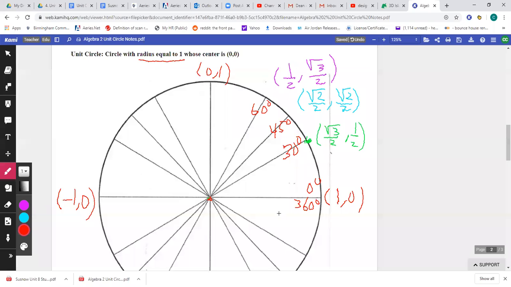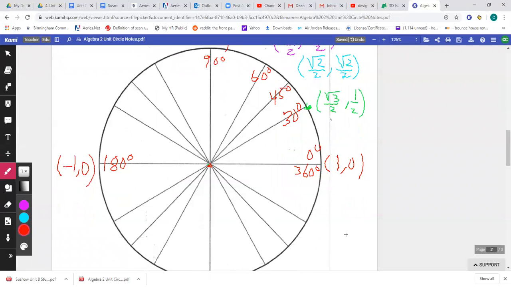You should know from geometry, or for those of you that snowboard or skateboard, some of these angle measures. You should know that 90 degrees is the right angle, so I'm going to put 90 here. You know that 180 is half a turn, so 180 is over here.